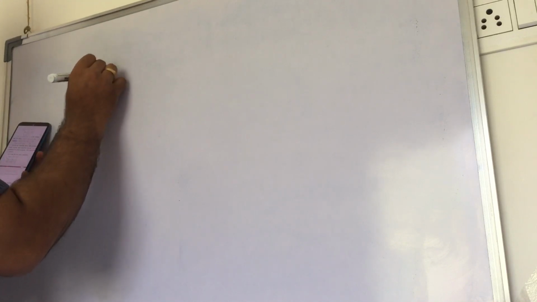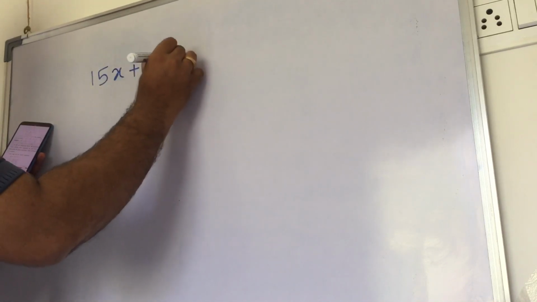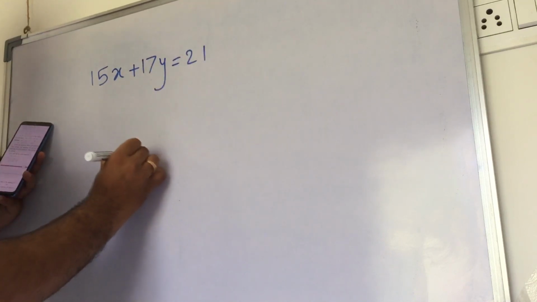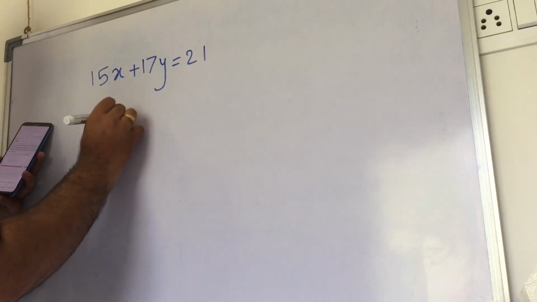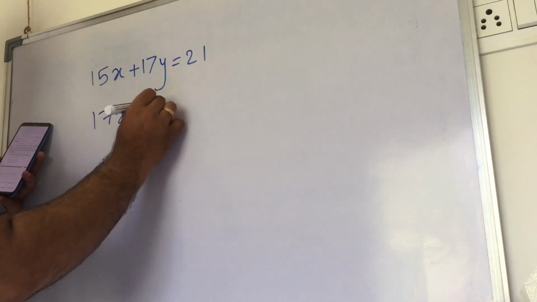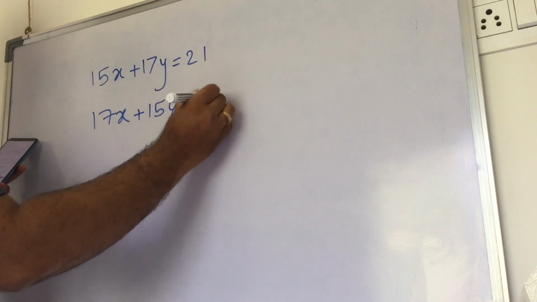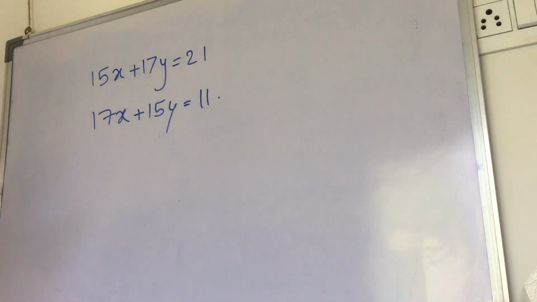The question is 15x plus 17y equals 21. The second equation is 17x plus 15y equals 11. What can you do from this? There are two ways to solve this.